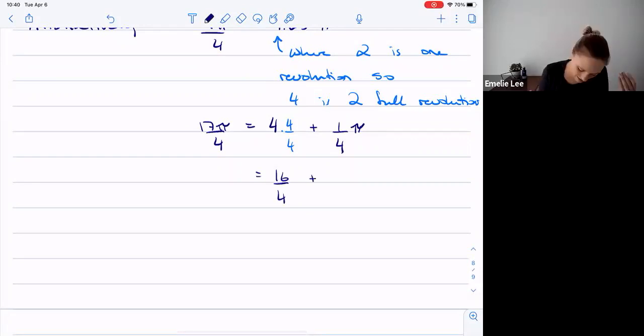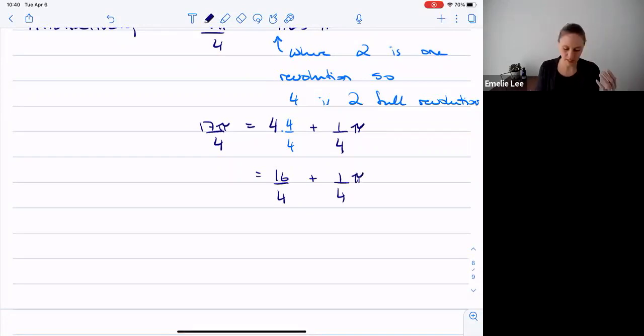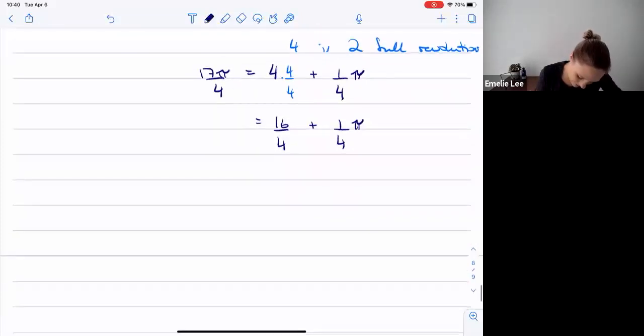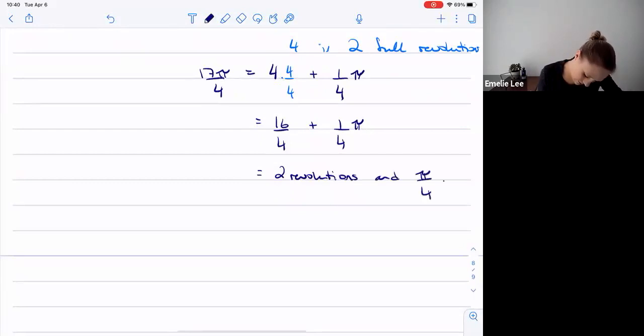So 16 plus 1 over 4 times pi, and this is just 2 full revolutions. You discard those because you're just moving around and around the circle, and all you're left with is pi over 4. So it's a distance of 2 revolutions and pi over 4.